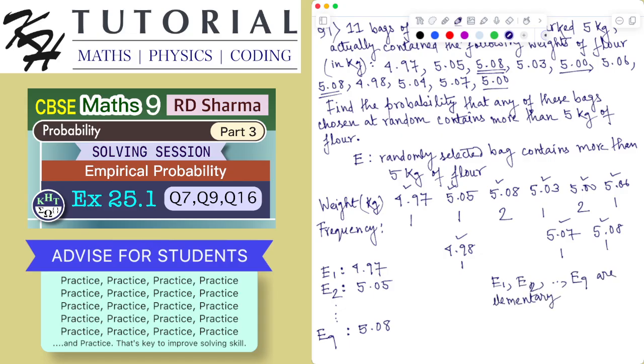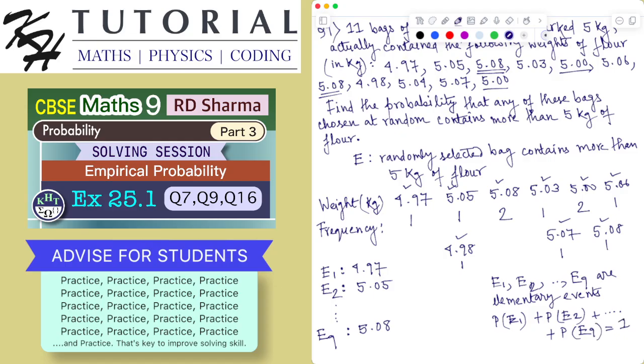By outcome I mean if you randomly select a bag, the weight of the bag will be one of these 9 weights. So clearly we must have probability of E1 plus probability of E2, and so on up to probability of E9, equal to 1.